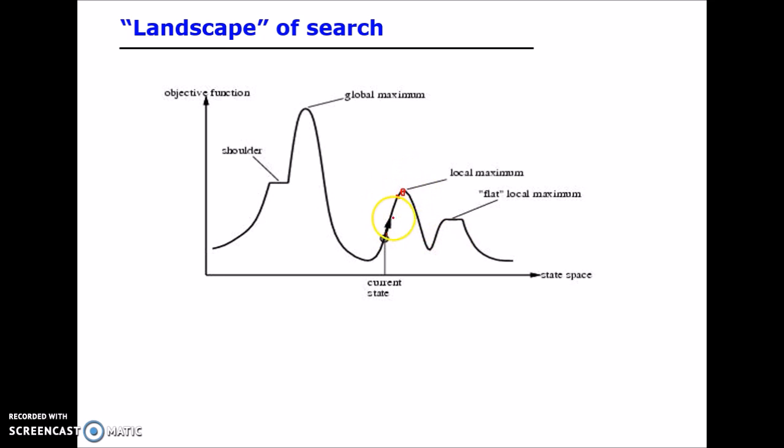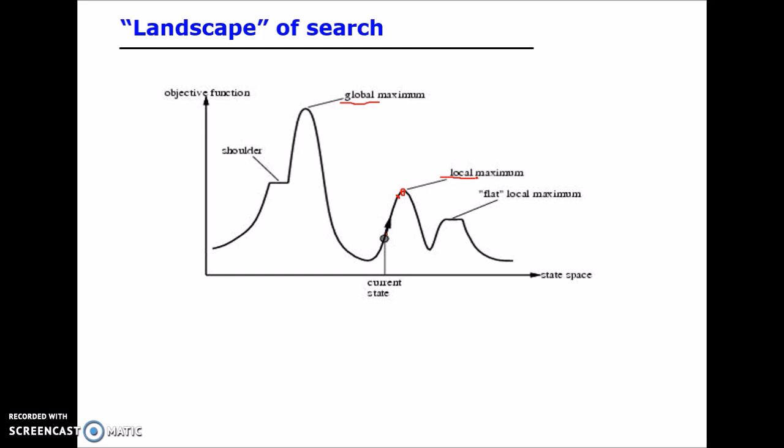This neighbor will also have a value of objective function which is lower than our current state. So, we will assume that this is the highest possible value. It will get stuck at this maxima, which is the local maxima. To reach the global maxima, there are various methods, but our algorithm will not focus on reaching a global maxima, rather it will focus on reaching a local maxima.